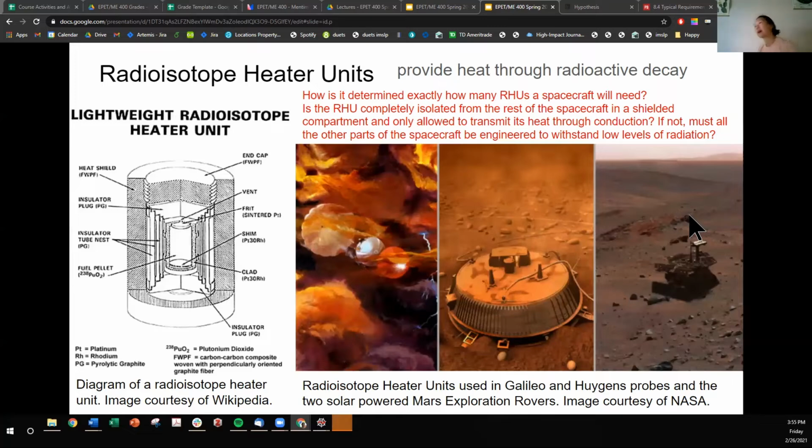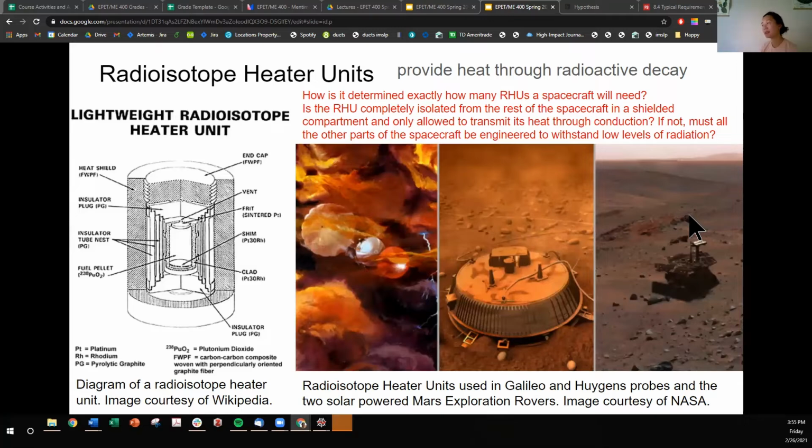So a question: how is it determined exactly how many RHUs a spacecraft will need? I think it doesn't necessarily require us to say how many RHUs, but how much thermal energy, how much warmth, do we need to generate for a spacecraft?